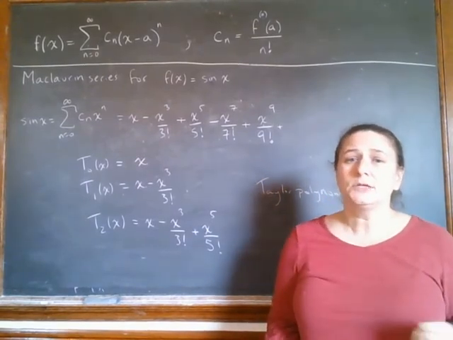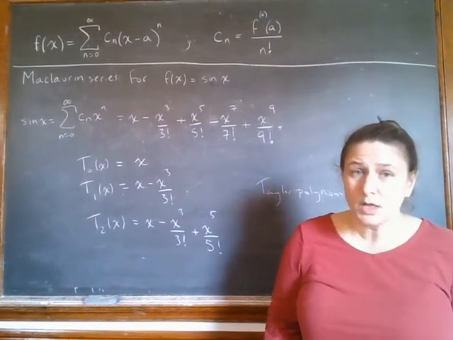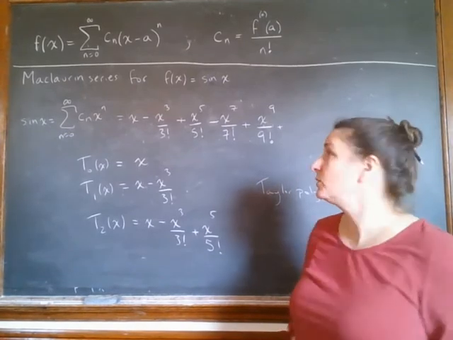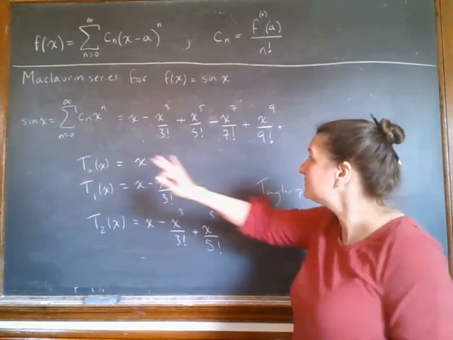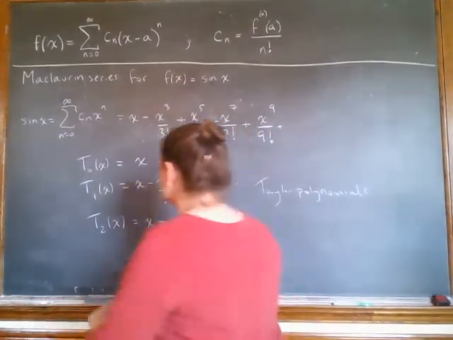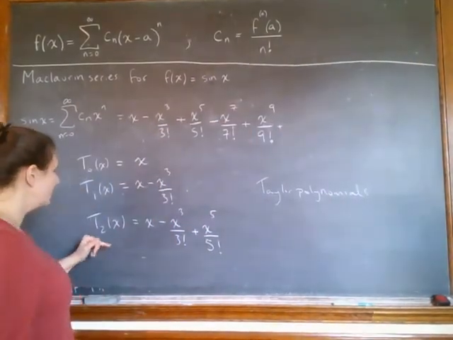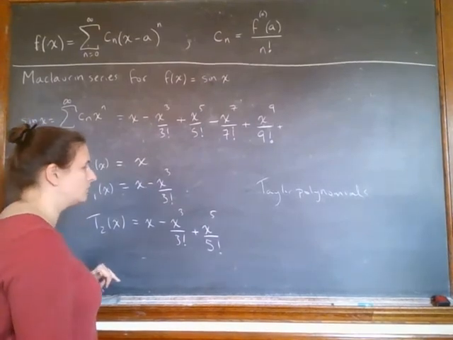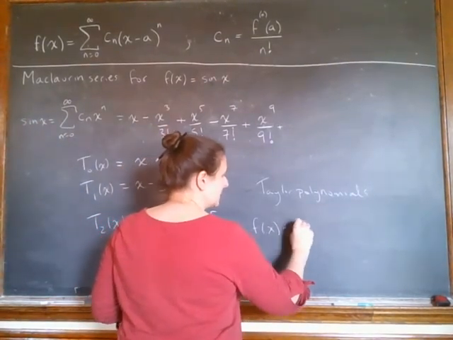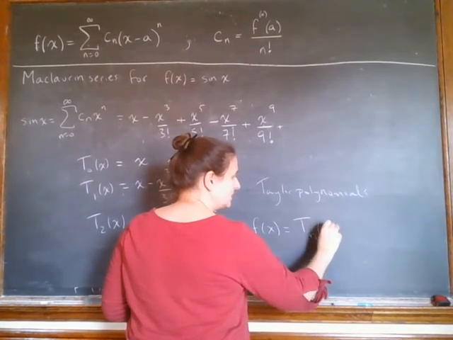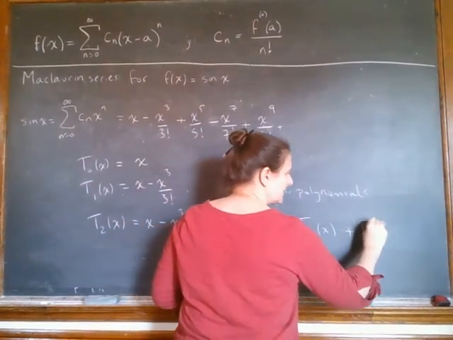And again, if we wanted to show that the Taylor series really was converging to this function, what we would do is write down f of x as being your Taylor approximation Tn plus some remainder term.